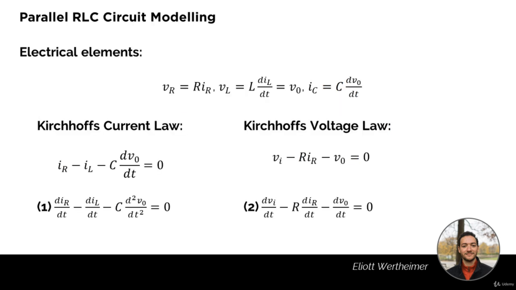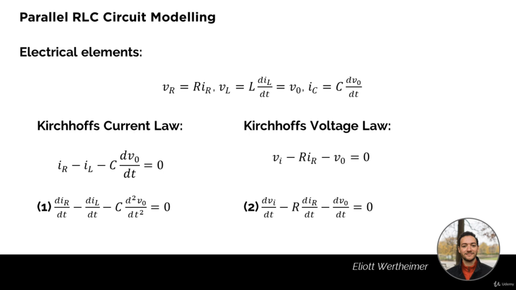So we now know that the current IC is equal to the capacitance multiplied by the derivative of the voltage V0 with respect to time. Hence, we can replace it in Kirchhoff's current law. So we can write that IR minus IL minus the capacitance multiplied by the derivative of V0 with respect to time is equal to 0.